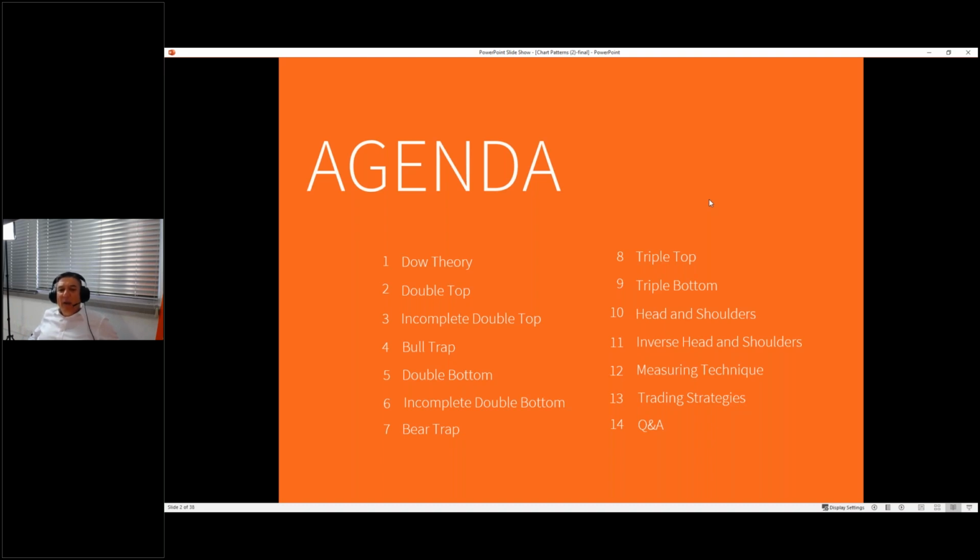And I will show you how to calculate the minimum price target, or price objective, as it is called in technical analysis terminology.